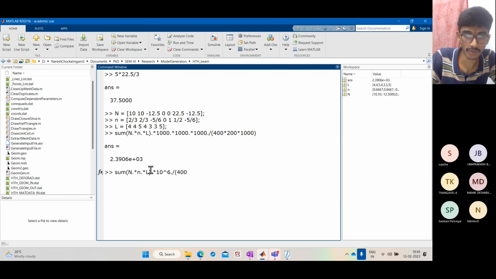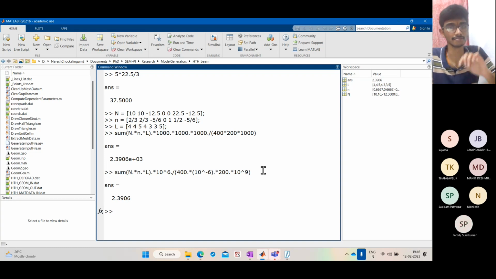So we need to convert to meter square, which is into 10 power minus 6. And then into 200 GPa, so 200 into 10 power 9. So this is fine. So what we get, 2.3906 mm square. Yes, so this is the answer.